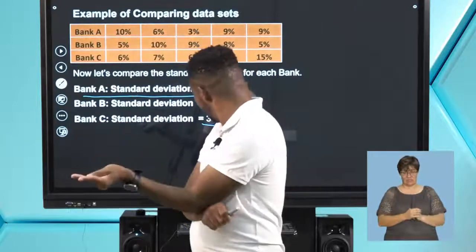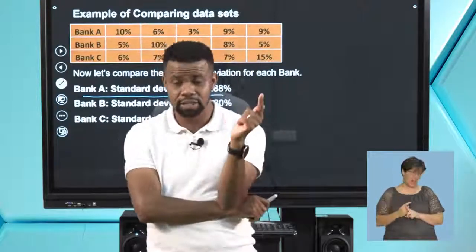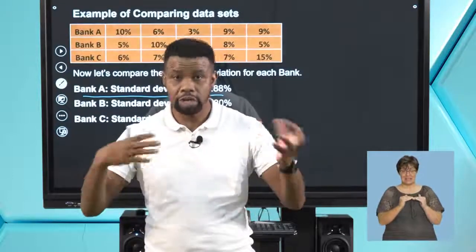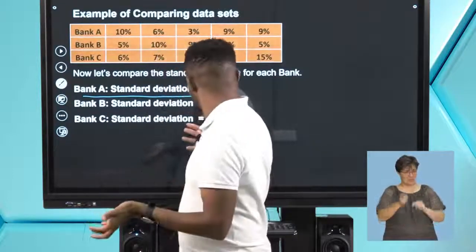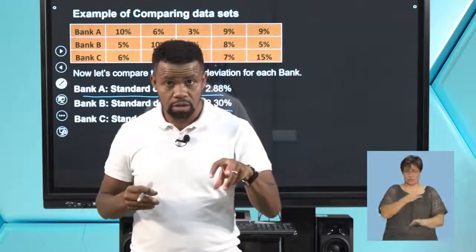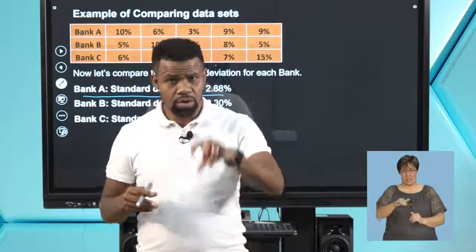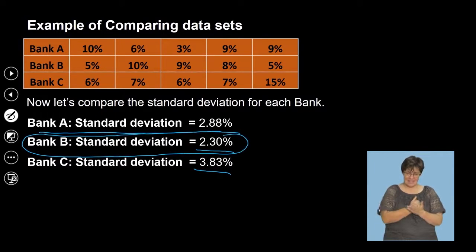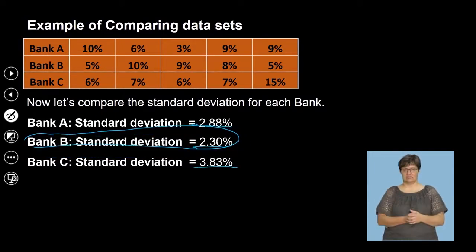Bank C has the highest standard deviation. Remember, the highest standard deviation means risk. So based on the hedge fund manager, because he wants to avoid risk, the bank with the lowest standard deviation is B. You'll have to go with B because you're trying to avoid risk.